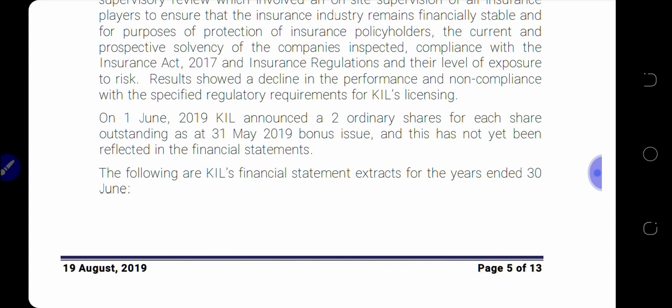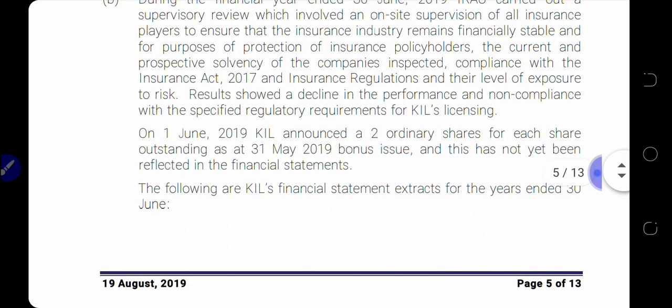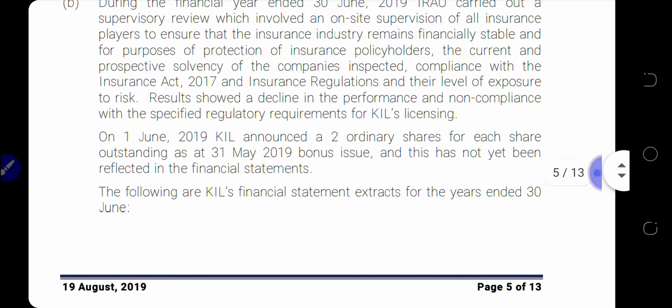On 1st June 2019, KIL announced 2 ordinary shares for each share outstanding as at 31st May 2019. So, of course, there was a bonus issue, as we can see. That is 2 ordinary shares for each share outstanding as at 31st May 2019, and this has not yet been reflected in the financial statements.